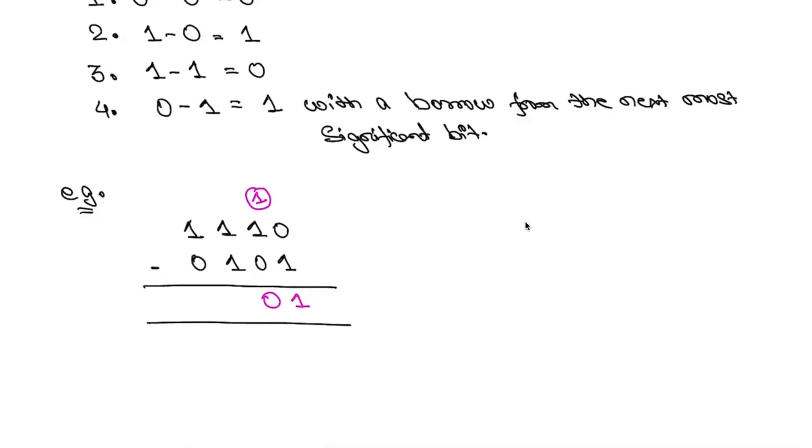So here we have borrowed. So minus 1 plus 1 it becomes 0. Then again 1 minus 1, 0. Sorry, it is 1 minus 0, it is 1. सही हुआ किसी का?